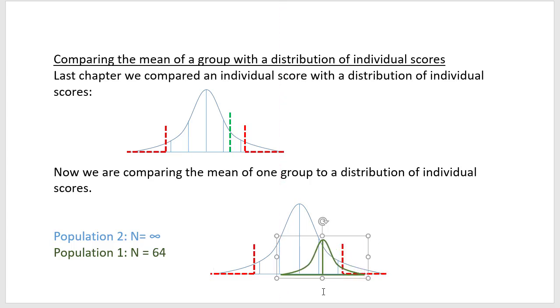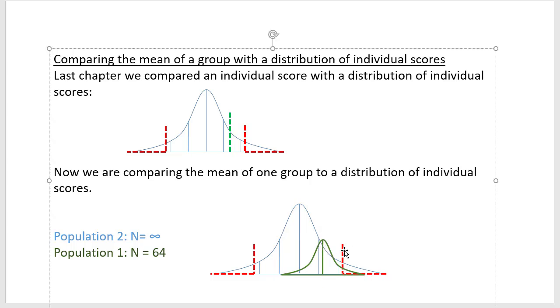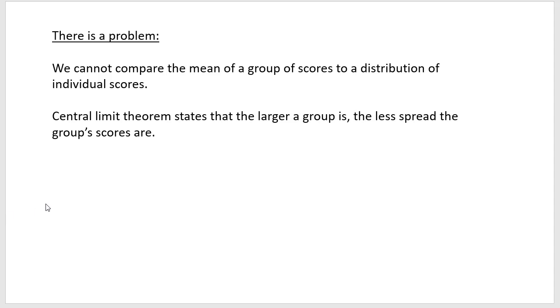In order for our result to be significant, the sample mean must be entirely in the rejection zone. And as you can see, that could be very hard to do if we compared it just to a regular distribution from the population. The problem is this: we cannot compare the mean of a group of scores to a distribution of individual scores.